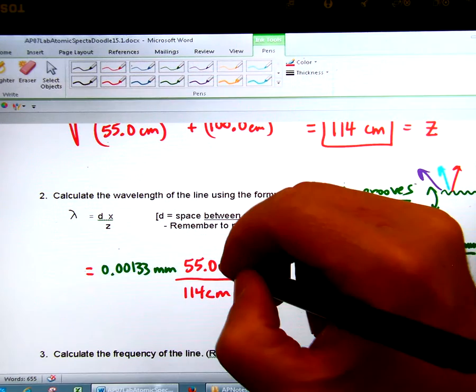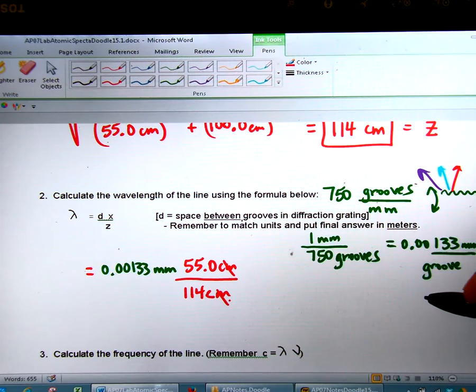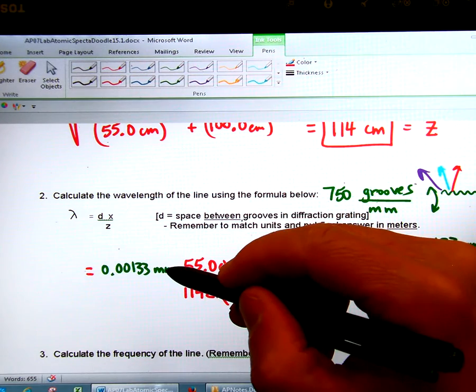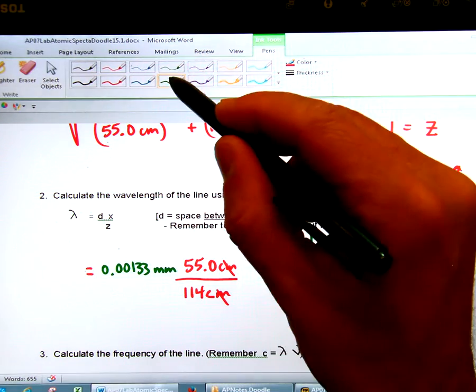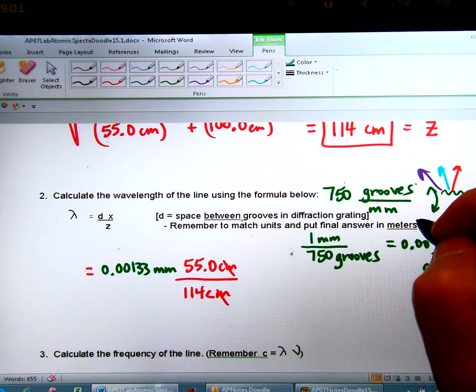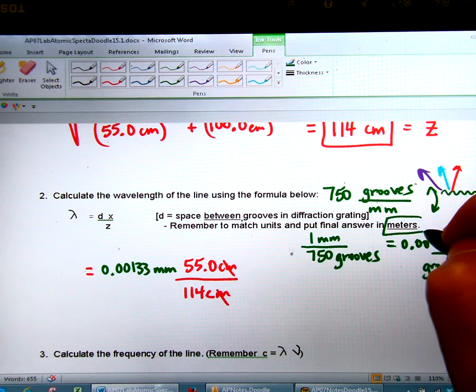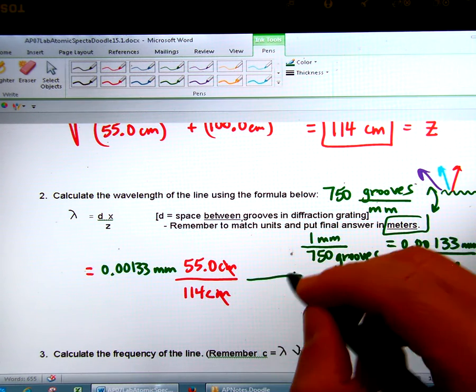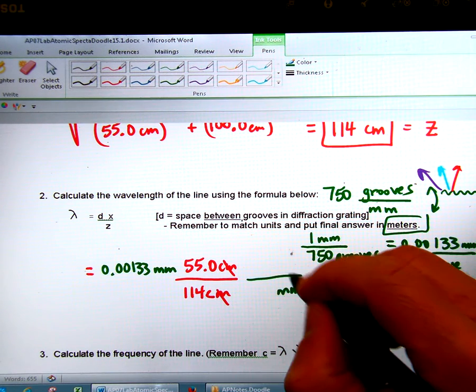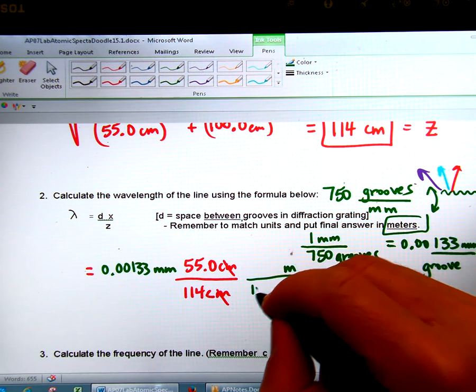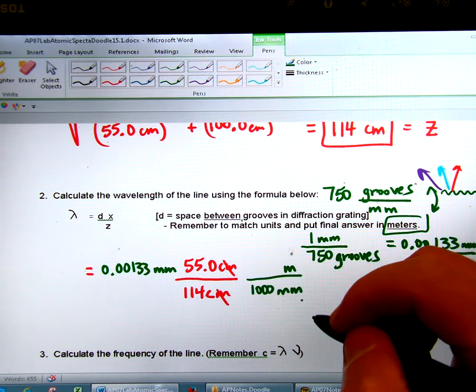And look at units. Centimeters and centimeters are going to cancel out, and you're going to have millimeters. However, you don't want millimeters. You actually want meters for these. So you're going to have to get this into meters. So you're going to do another conversion. We're going to get rid of millimeters and go to meters. There are 1,000 millimeters in a meter.